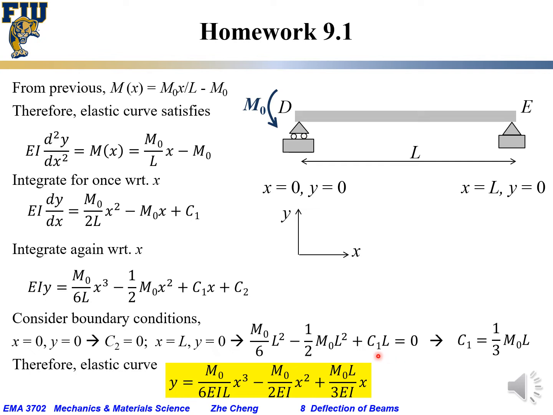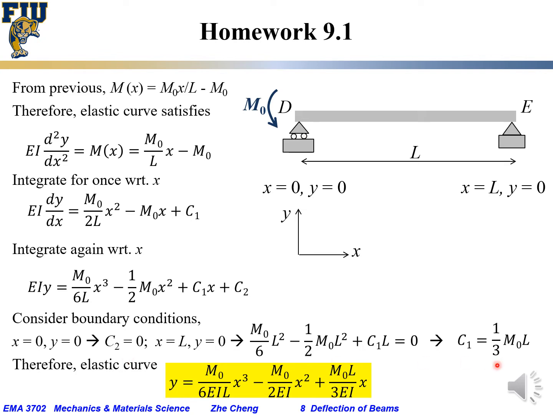And of course these two combined is minus 1 over 3 m0 L squared, and move to the other side, C1, and cancel L, C1 would be 1 over 3 m0 L. Okay, so that gives us the two integration constants.